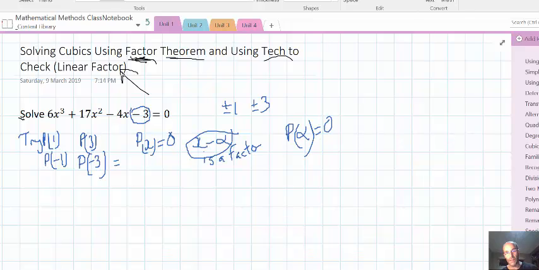So let's see what alpha has to be. I said that P of -3 works. I'll just show you why.